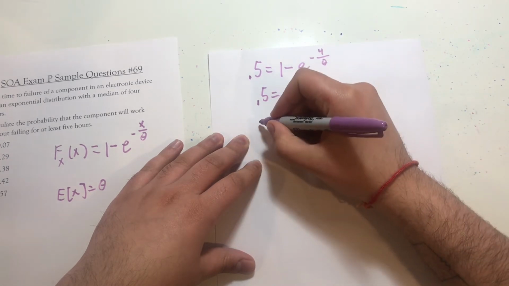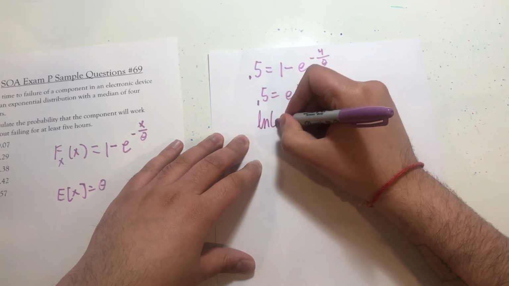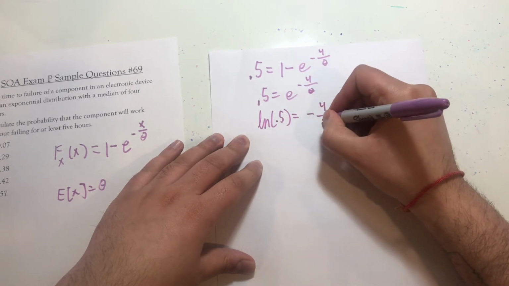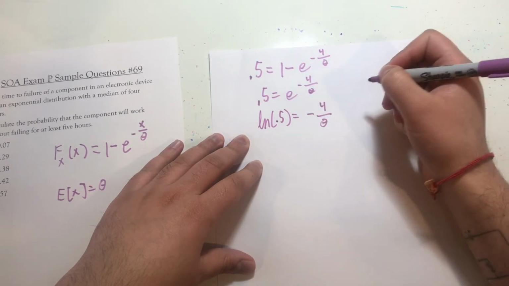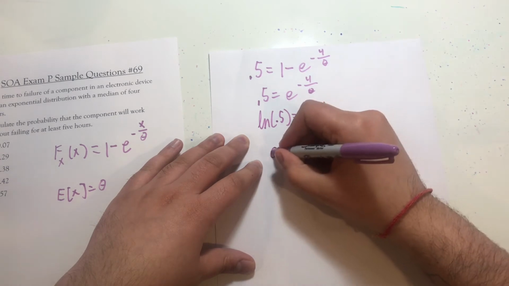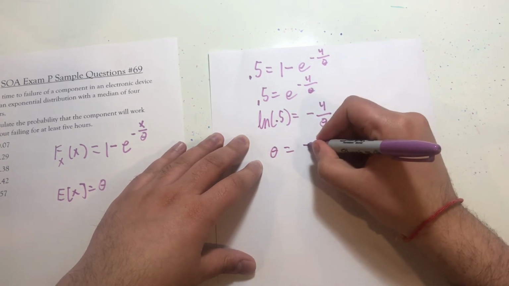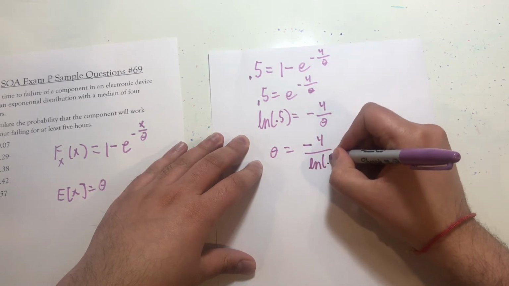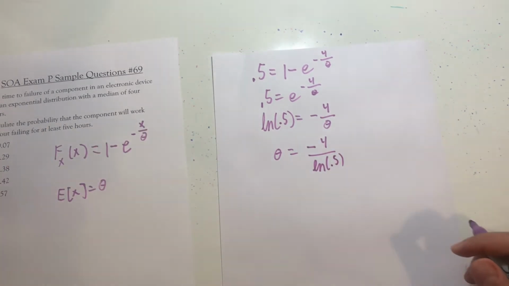Take the natural log of both sides. So ln of 0.5 is equal to negative 4 over theta. I'm going to want to move stuff around, and I'll have theta is equal to negative 4 over the natural log of 0.5.